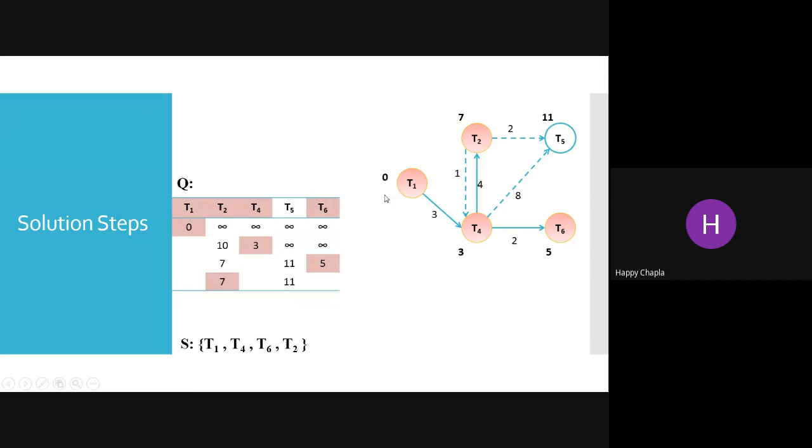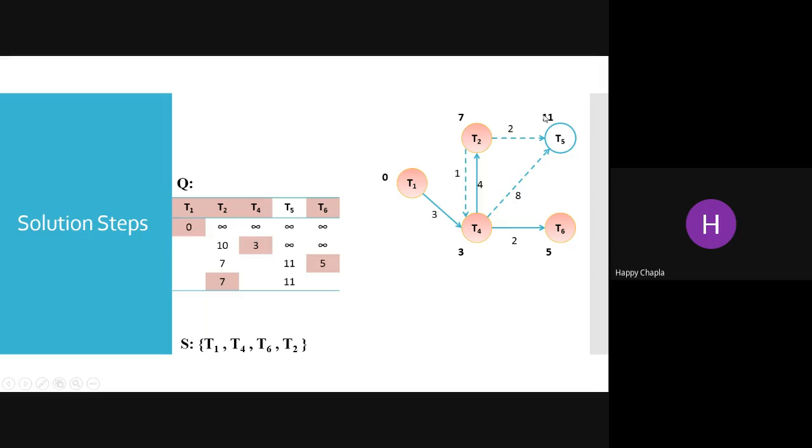That S is what we had discussed, which we can make entries in over here. ठीक है, जितने भी नोड आप विजिट कर रहे हो, वो सारी विजिटिंग नोड की एंट्रीज यहाँ पे होनी चाहिए. Now, between 7 and 11, you have taken 7 as less, that means we have visited T2, so we must enter that T2. Now the unvisited node is equal to T5. Now check, to go from here to T5, what cost is required? Don't see the cost like 4, 2 and 8, but find out the total cost. 3 plus 8 equals 11. 3 plus 4, 7 plus 2 equals 9.